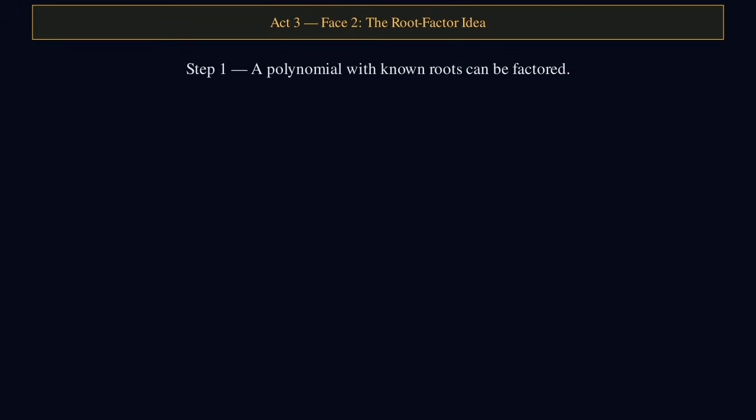Start with something you already know. If you have a simple polynomial with roots r sub 1 and r sub 2, you can write it as a times (x minus r sub 1) times (x minus r sub 2).